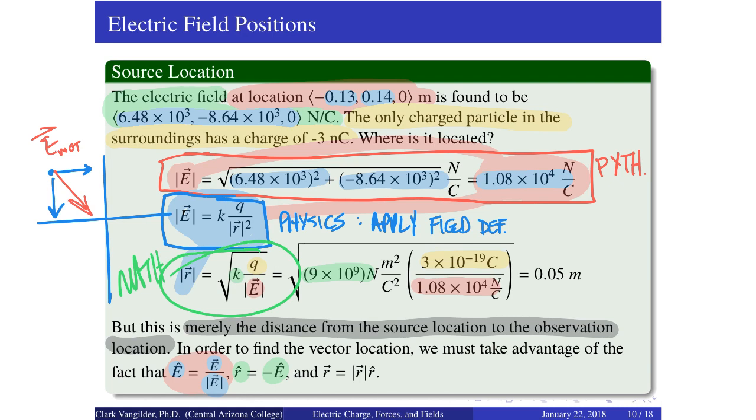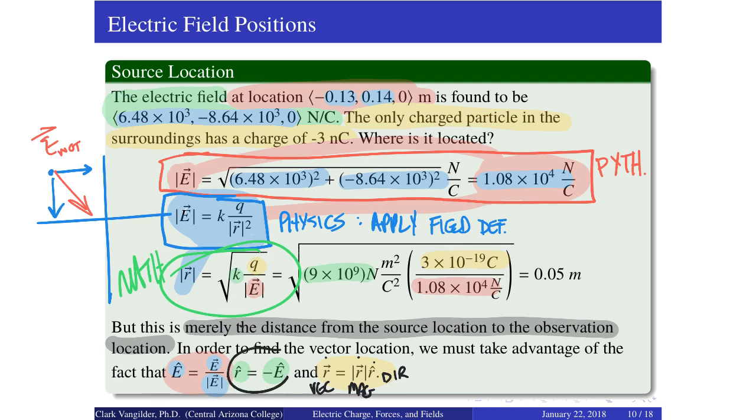So this right here is basically a vector definition. A vector is its magnitude and its direction. The vector, its magnitude, its direction.